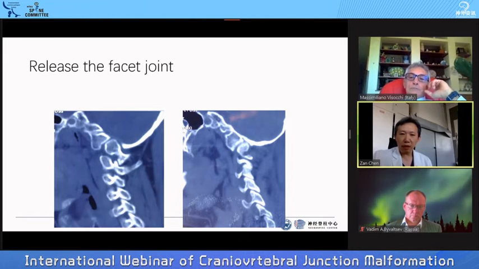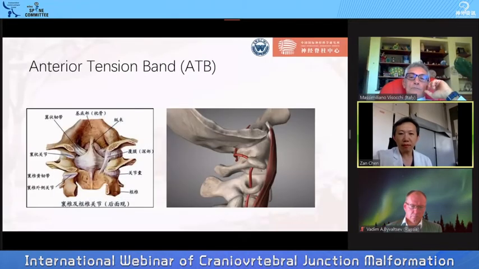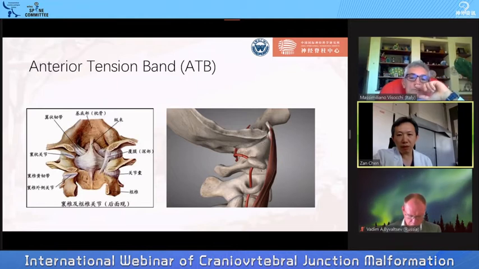For both of these kinds of C1-C2 dislocation, we release the facet joint. We found that if the facet joint is totally released, first, with the distraction between the facet joint, we can release the anterior tendon band, that is, a lot of tendon anterior between C1 and C2.